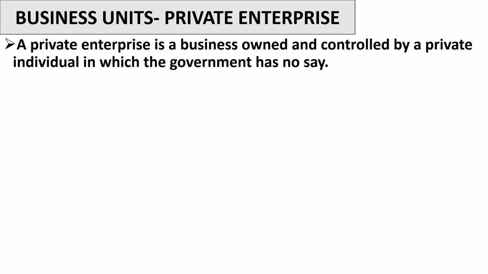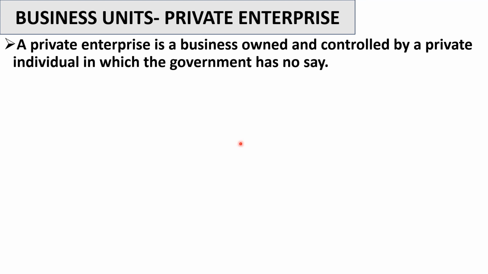So what is a private enterprise? A private enterprise is a business owned and controlled by a private individual in which the government has no say. So any business whose owner and the person controlling it is not the government, that business is a private enterprise.